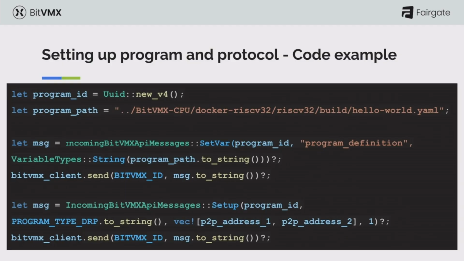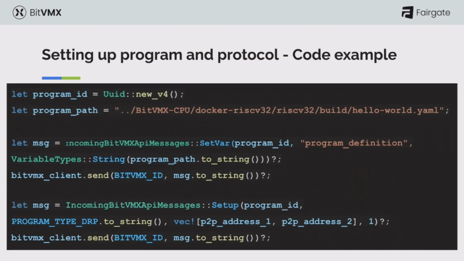It doesn't store that information, so make sure whenever you're creating a program, the participants, public keys or whatnot, to hold those IDs in your application. So in this case, I'm setting which program we're going to use, the path of it, and we're going to send that information to the bitbmx client, and then we're going to set up the program.